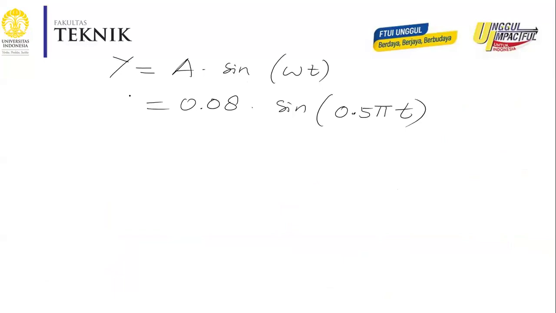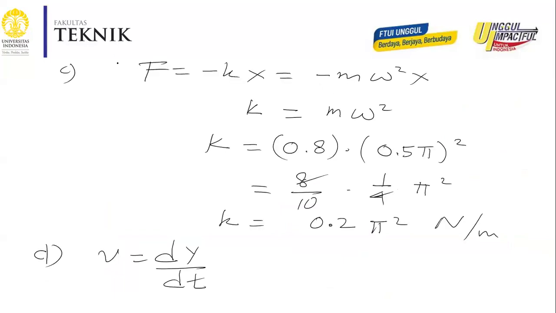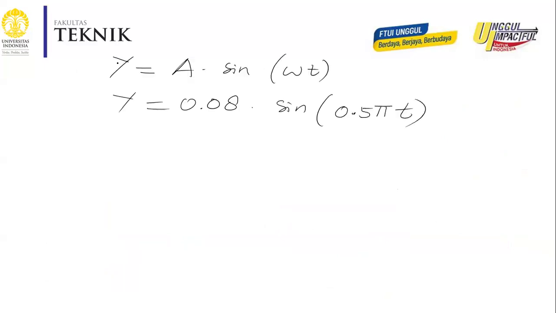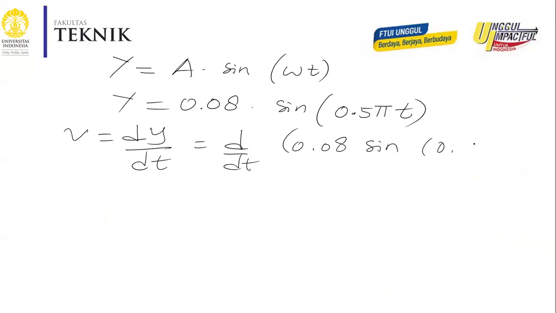And then to determine the speed, we need to take the derivative of y. So we get that v is dy/dt of 0.08 sin 0.5 pi t.